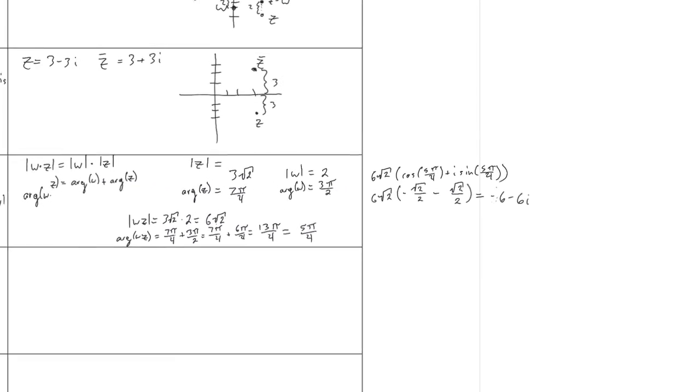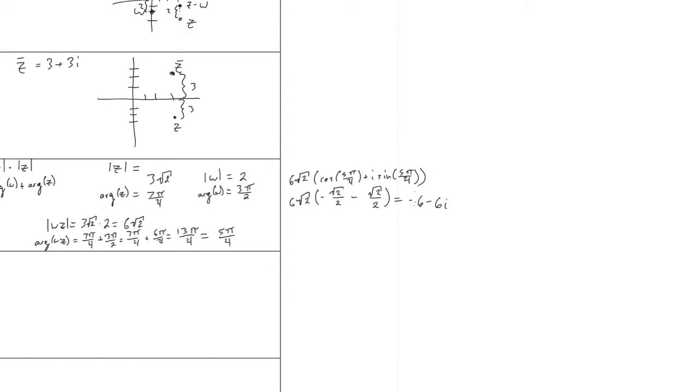And then from there, let's go ahead and just graph this. I know it's a little bit over here on the side, but we can make do. 1, 2, 3, 4, 5, 6. 1, 2, 3, 4, 5, 6. And then that will be right over there.